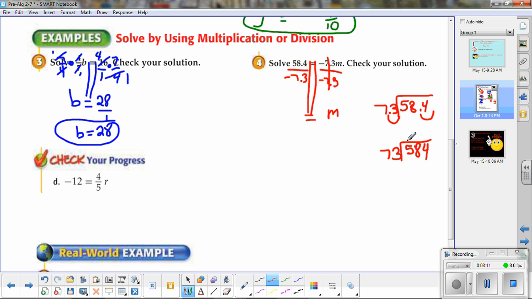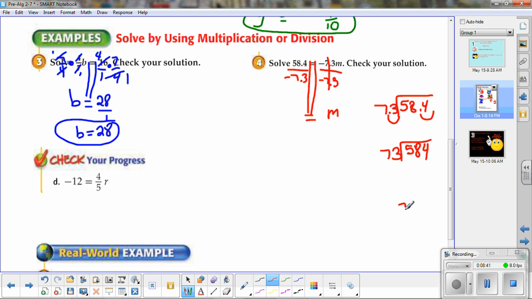73 does not go into 5, it does not go into 58, so we have to see how many times it goes into 584. To help me figure that out, I might want to think about this as being 70. And 70 times 8 is going to be 560 because 7 times 8 is 56. So that gives me a good starting point.